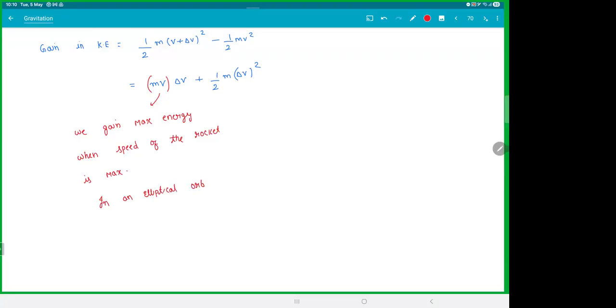So when you're closest to the planet, that's when you want to switch it on. And in our question, it is the point where the first burst was switched on, the point where the engine was switched on for the first time.